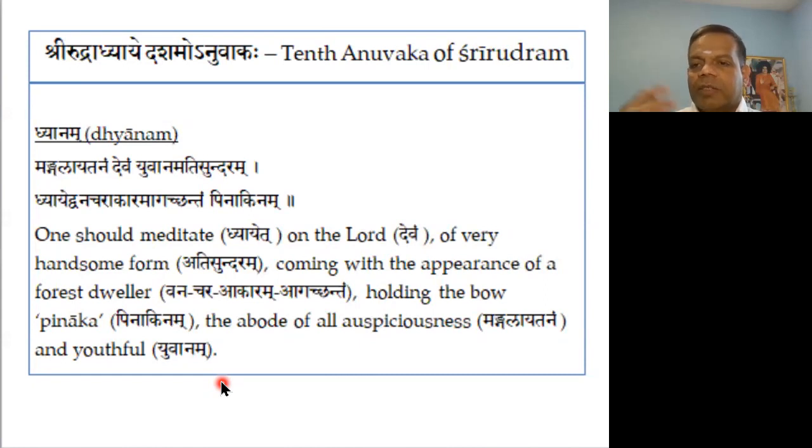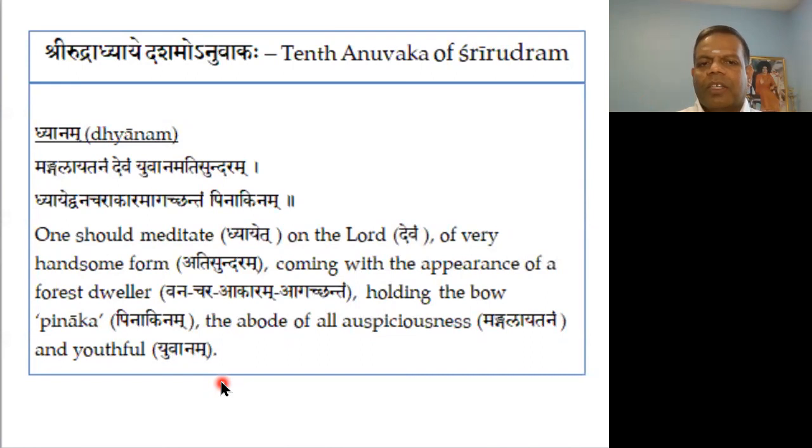So his body, his dress and demeanor is also someone who is like a hunter, always out to kill all animal qualities. Vanacharakaram agachantam, he is coming. So you're happy that he is coming to kill all the animal qualities in us. And he is the abode, he is bringing with him all mangalam.